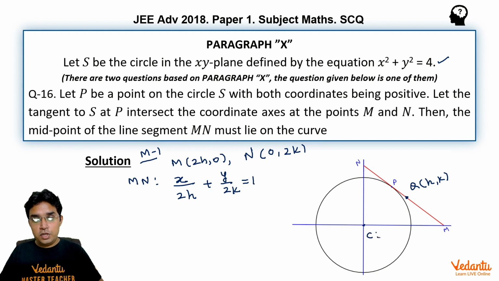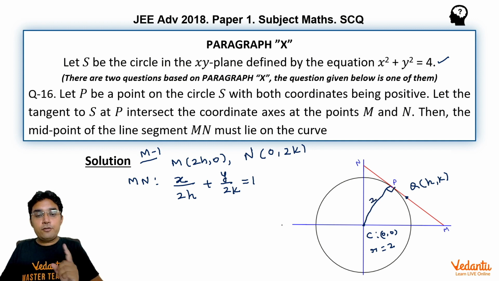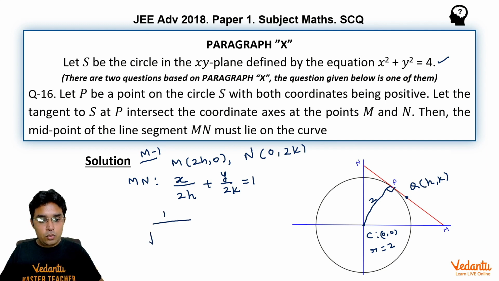Center is at origin and radius is 2, which means if we draw perpendicular from this C point, that should be equal to radius, which is nothing but 2. So using that formula of perpendicular distance from a point, it will become 1 upon root over 1 upon 4h square plus 1 upon 4k square, and this will be equal to 2.